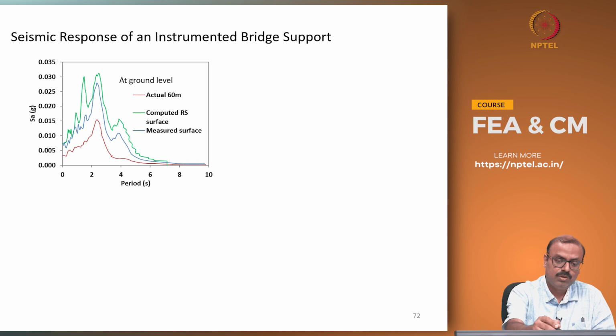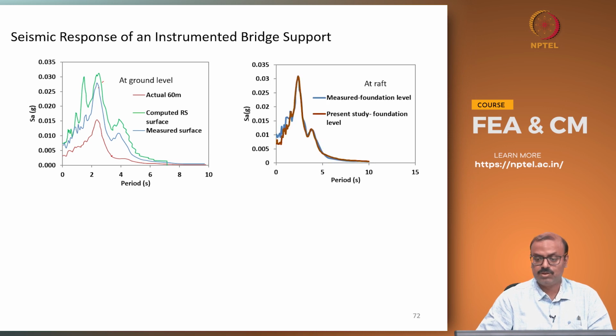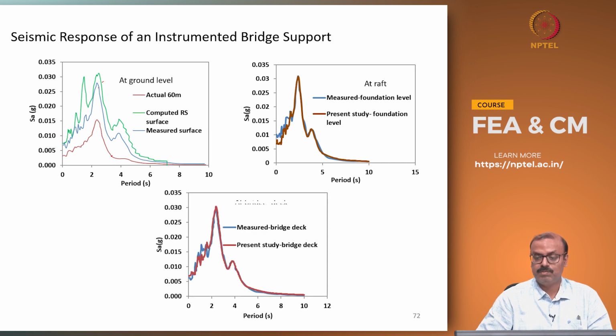The green and blue are the computed response spectrum at the surface and the measured one at the surface level, which for all practical purposes we can say is pretty close. The measurement and the computed results are even closer at the raft level, where we can see an exact match, and at the bridge deck level we also see an exact match.